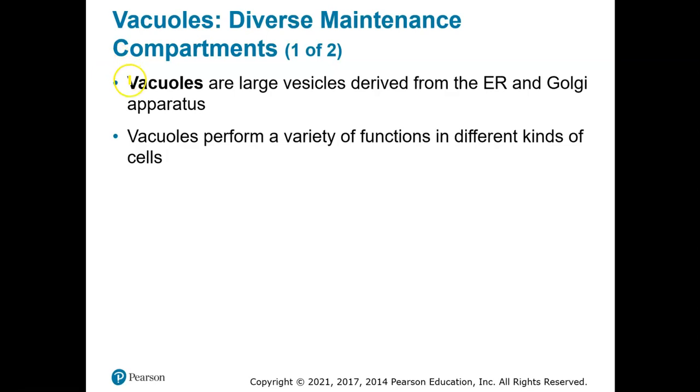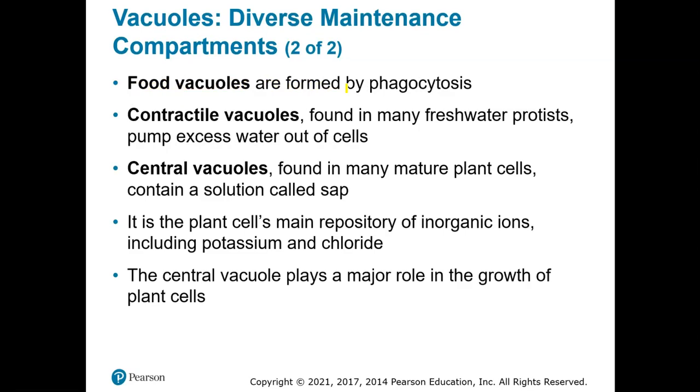Vacuoles are large vesicles, and they are mostly for storage. Food vacuoles are formed by phagocytosis. We just saw that. There are also some vacuoles called contractile vacuoles. In those, the paramecium that we saw in the first slide, it lives in fresh water, and so it's constantly taking on water, and it has these contractile vacuoles that pump that excess water out.